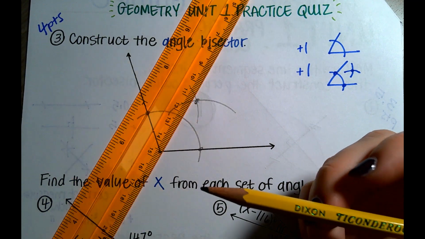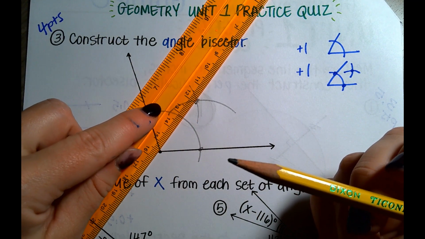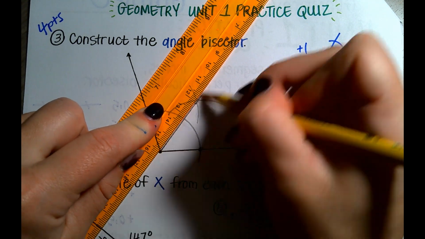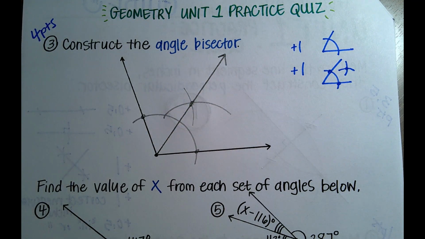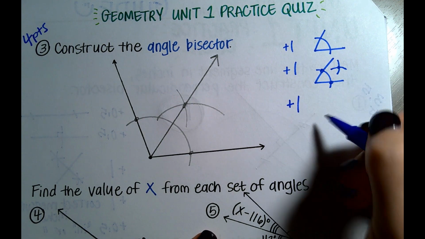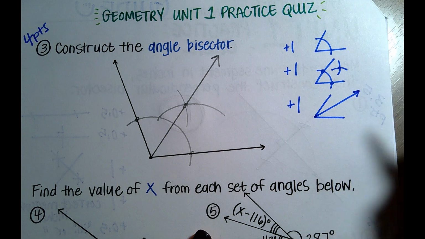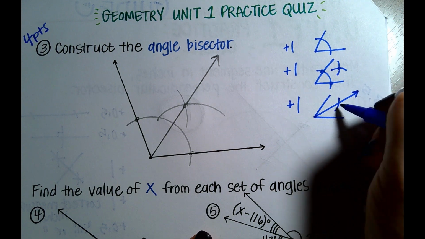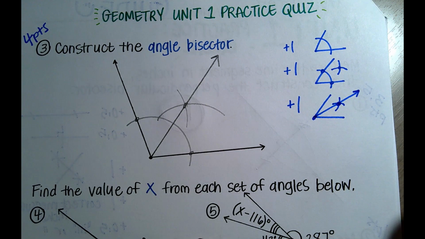We're going to draw another ray going through both of these. Okay, so you will get another point on this problem for your bisector, making sure that it goes through the vertex and that intersection that we made.